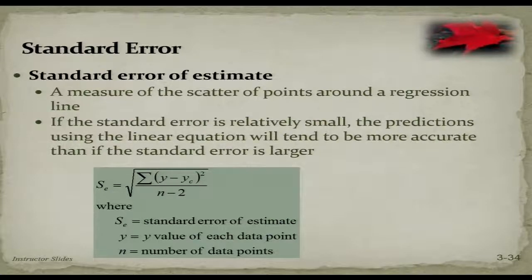The formula to calculate it is the square root of the summation of (y minus yc) squared, divided by n minus 2. Here y is your actual value and yc is your forecast value, so basically it's the forecast error, the difference between your actual and your forecast. The smaller, the better. If y always equals yc, then the error is equal to 0, which means you have a perfect forecast.